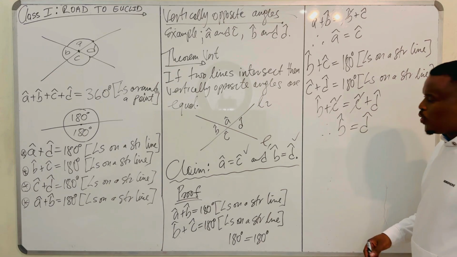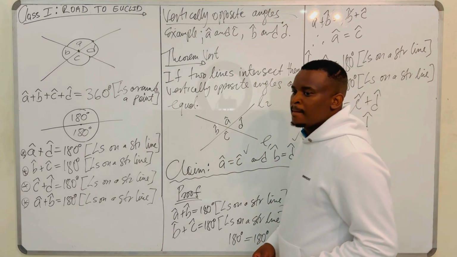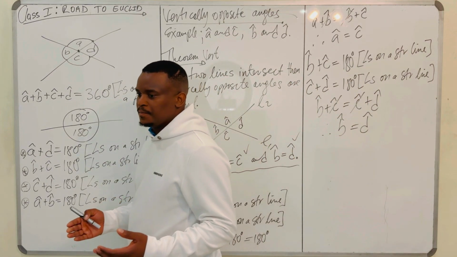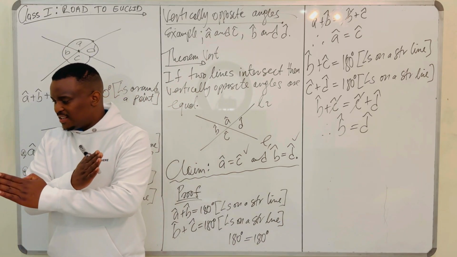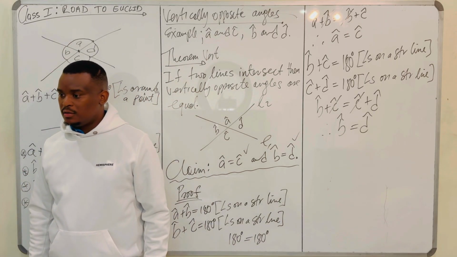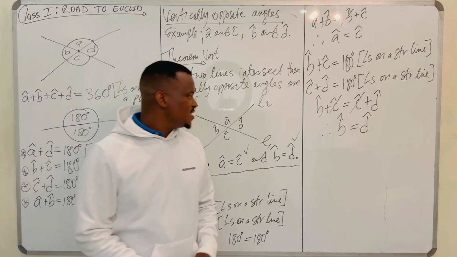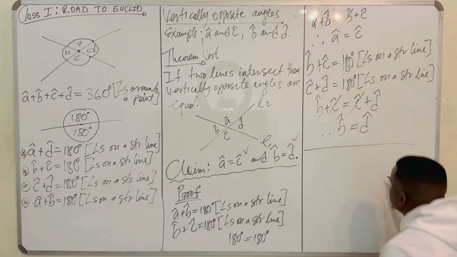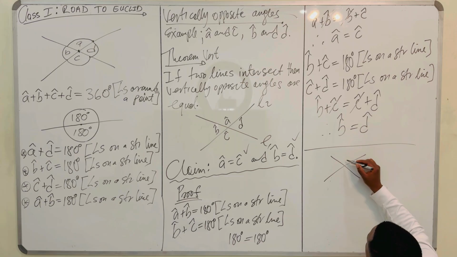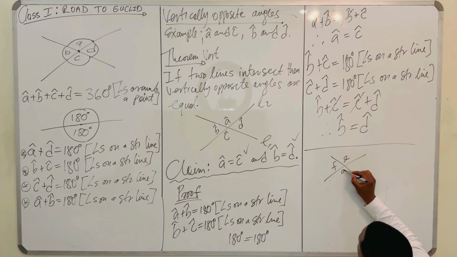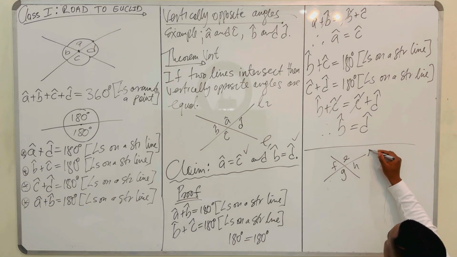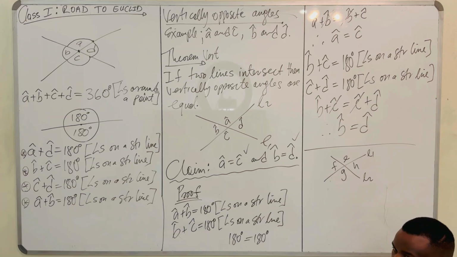So what I need you to take away from this is, if you have two lines intersecting, vertically opposite angles are equal. Are you with me? Yes. So if I'm giving you something like this, E, F, G, H, these are two lines, line 1 and line 2.